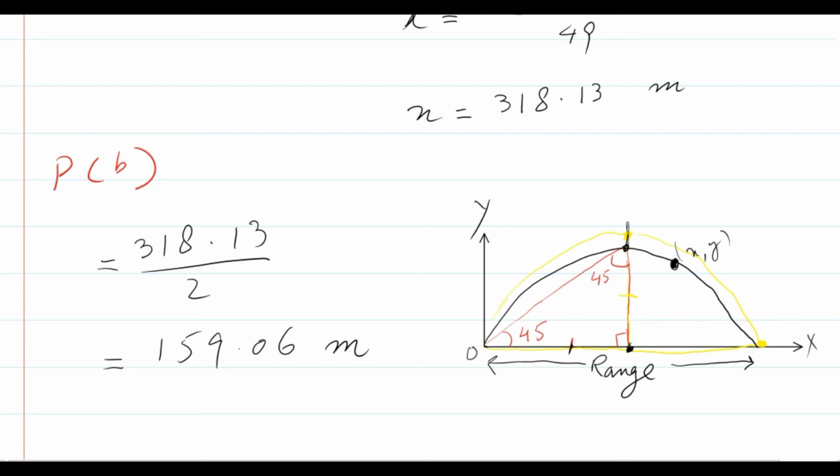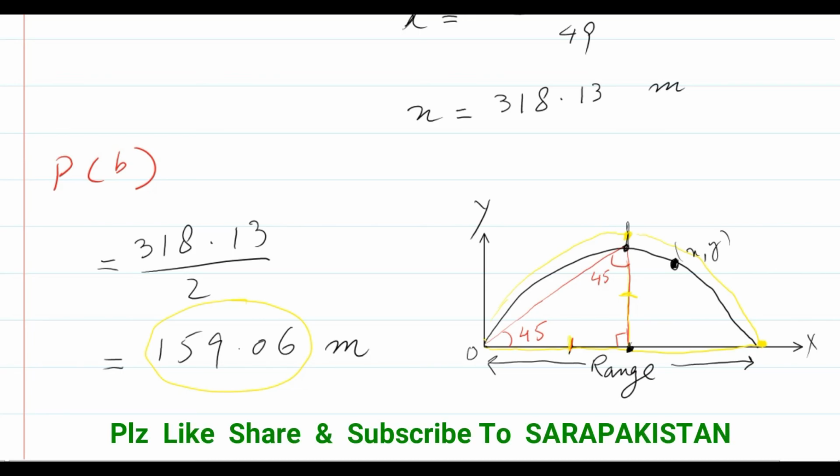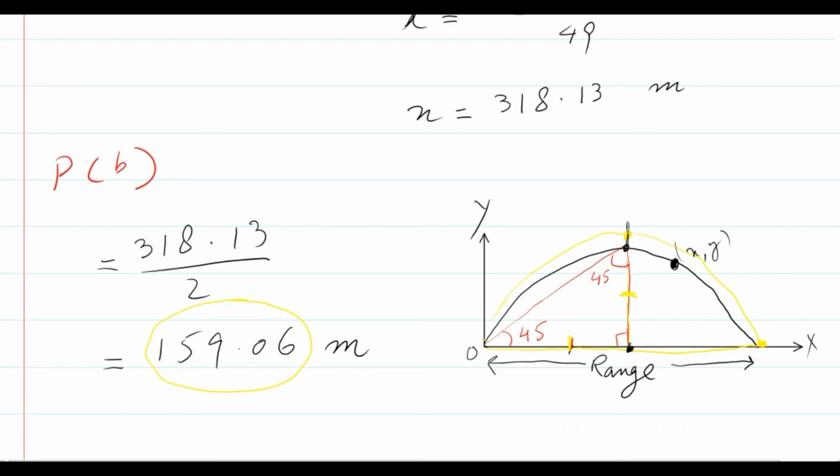Now these two sides are equal, and we know that the distance from this to this point is half of the range, so we divided this by 2 here, 159.06. As this is equal to this, so the height will be 159.06. So this is the maximum height attained by the projectile.